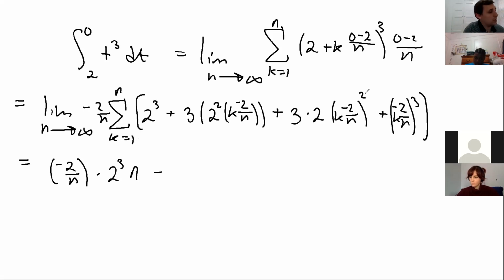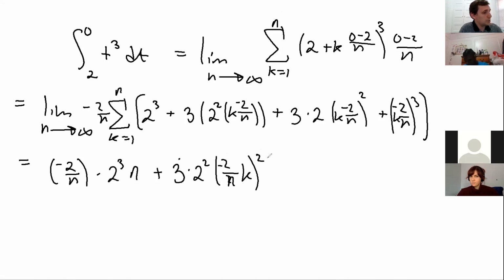So minus 2 cubed n, so minus 3 times 2 squared times, I can say plus minus 2 over n times k squared is what I need to sum.